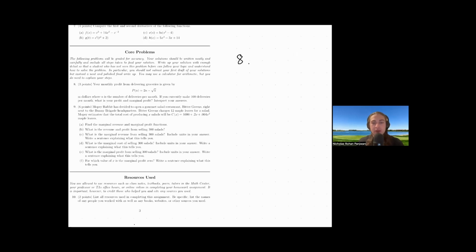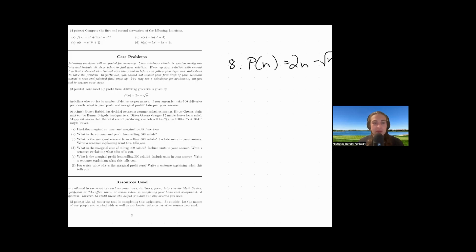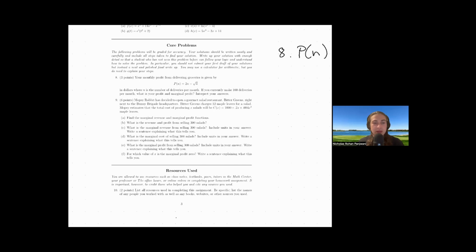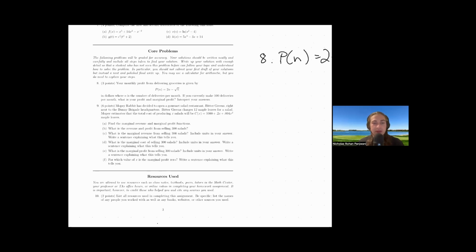Of n equals 2n minus. Okay. N is the number of deliveries you make each month. Okay, we want profit and marginal profit.